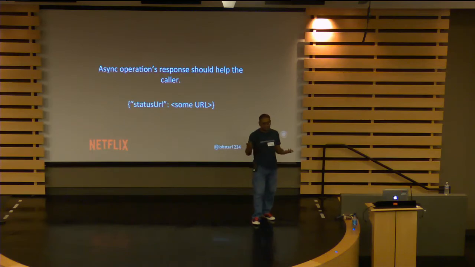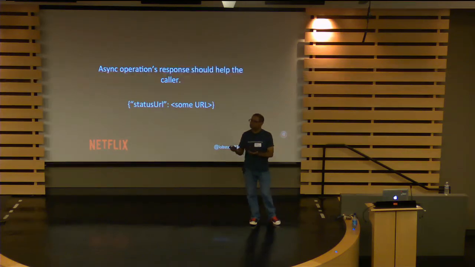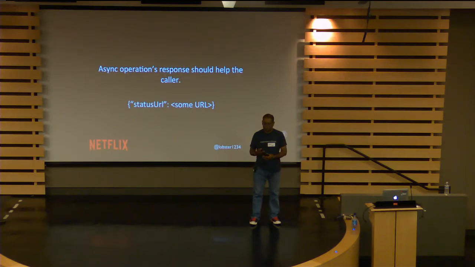So in this case, I'll start the process, and that process will probably have a task ID, and then I can have a bunch of endpoints where the requester can query, given that task ID, how many records were processed, or what percent remains, or how long it is going to be, right? So you return a status URL with this, or like you said, you can return just a GUID or a task ID, and then they can use that task ID to go and find other endpoints.